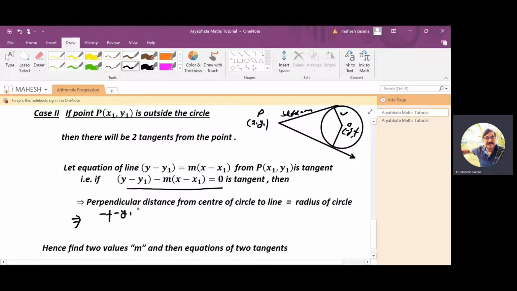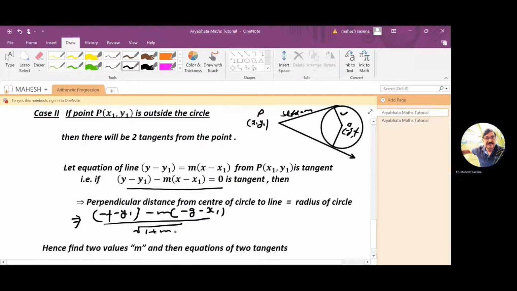So modulus of (minus f minus y1 minus m(minus g minus x1)) upon under root 1 plus m square is equal to the radius of the circle, that is under root g square plus f square minus c.